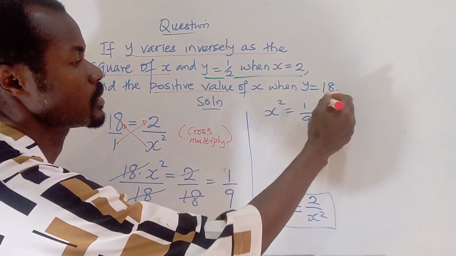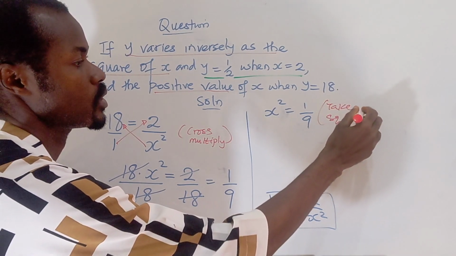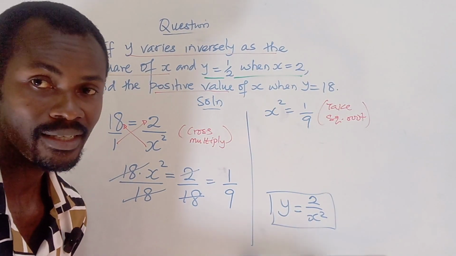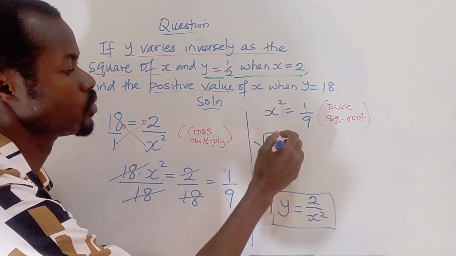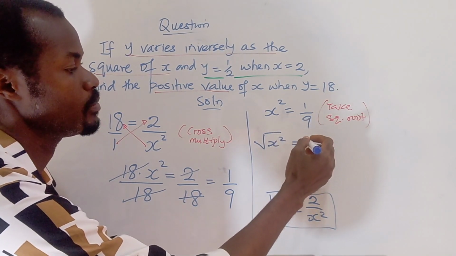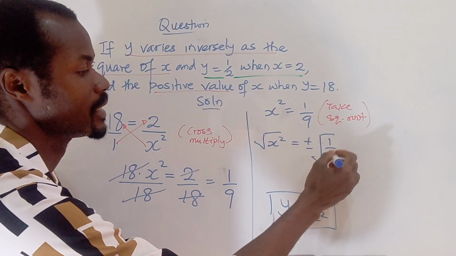We are going to take the square root. So we are going to take the square root on both sides. If I take the square root of x squared, I'm also going to take the square root of 1 over 9. Well, we can say plus or minus square root of 1 over 9.